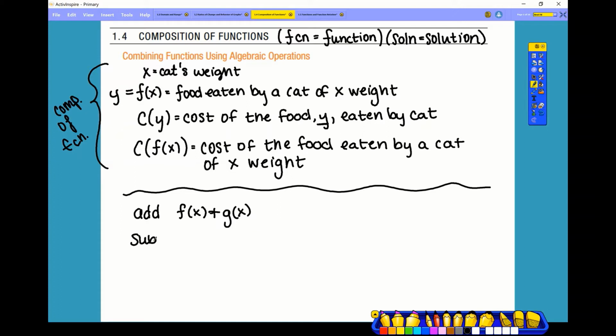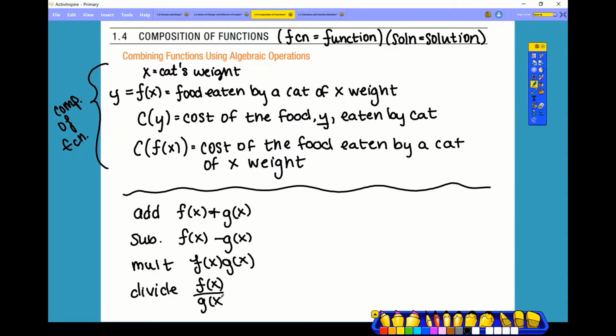We can subtract them, and we could subtract them in any order, it doesn't matter. You can multiply them. So you can say f of x times g of x. You can also divide them, which would be f of x divided by g of x.